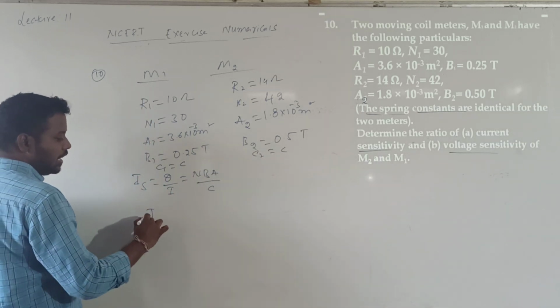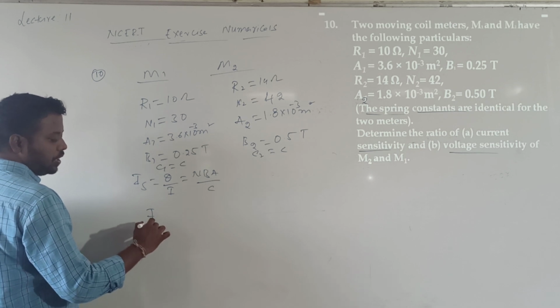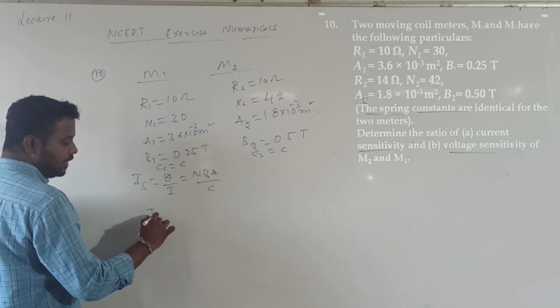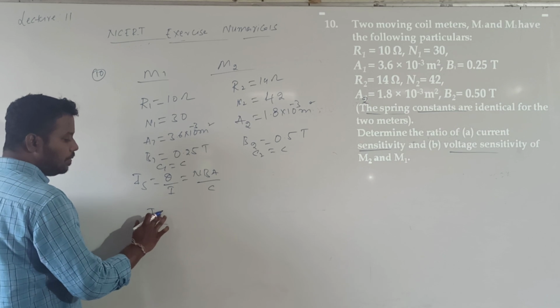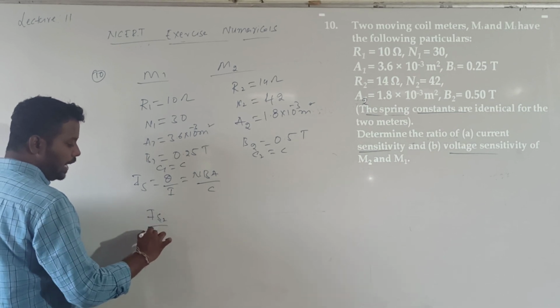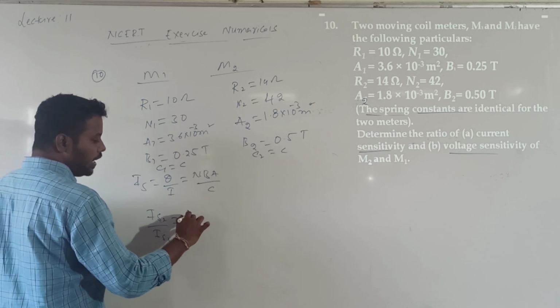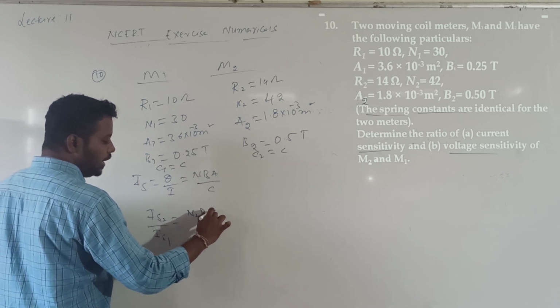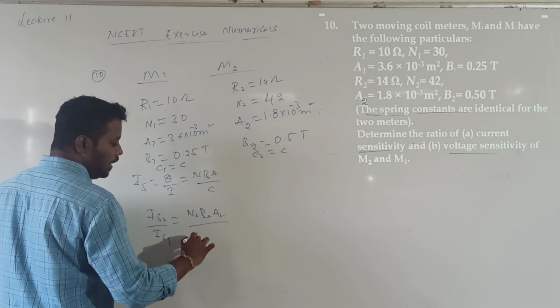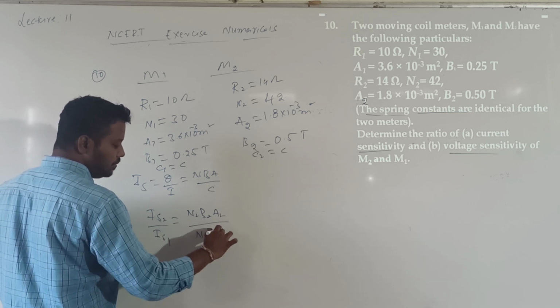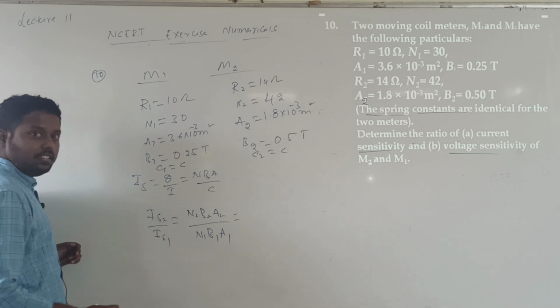Now they are asking us to calculate the current sensitivity of which one? The current sensitivity of M2, IS2 by IS1 ratio. IS2 by IS1 is given by N2 into B2 into A2 by N1 into B1 into A1, because C cancels.